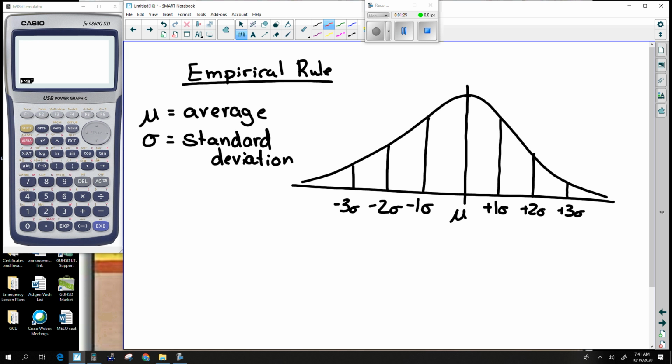The specific probabilities that are assigned to these parts: the first one is 34%, the next one is 13.5%, 2.35%, and then the end little sliver off into infinity is 0.15%.